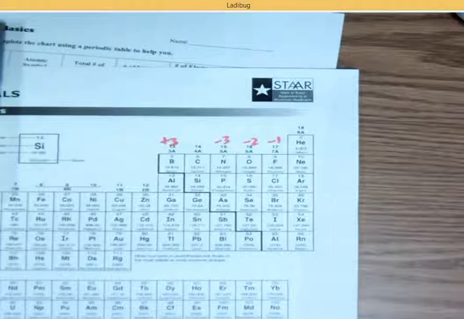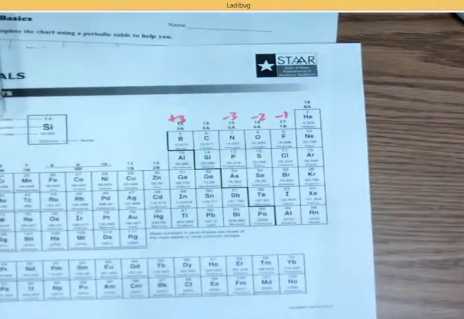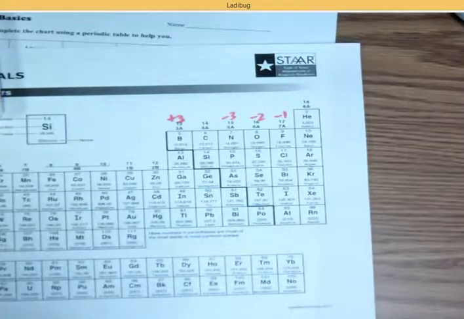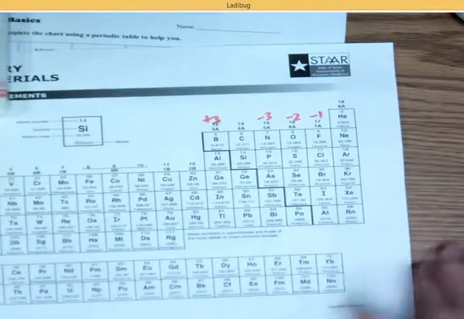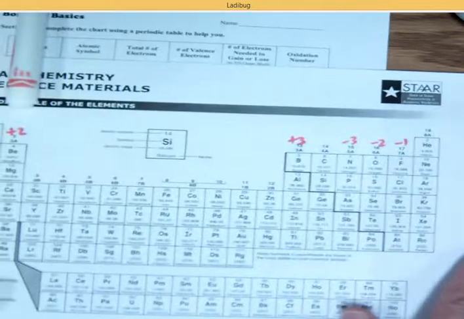You can skip over group 14, because silicon and carbon will more likely not form ionic bonds, so we will not need to worry about their oxidation numbers anyway. Lead is a little special down here. I think it could be lead 2 or lead 4, so that's special as well.